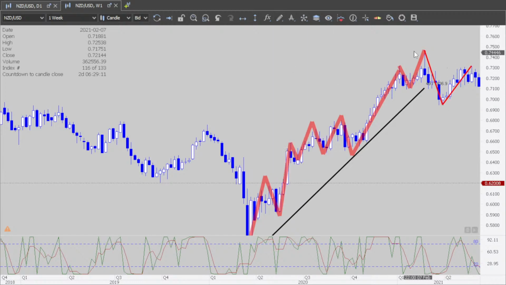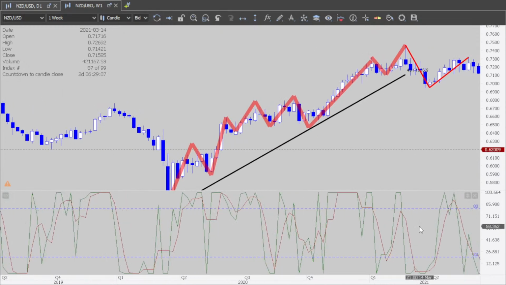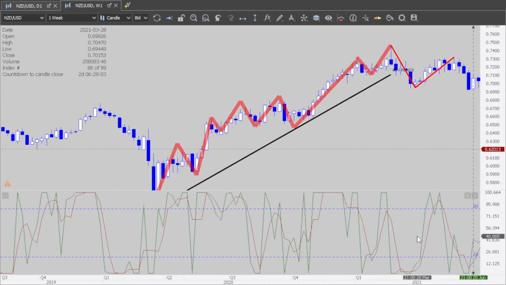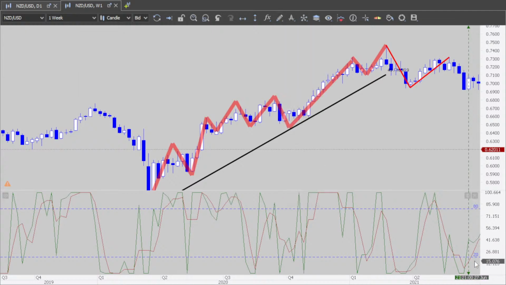The market is still in here, and the stochastic is in the buy zone, right? And what is happening right now? Stochastic is leaving the buy zone. So here too, the stochastic was leaving the buy zone to the sell zone, and the market went up.